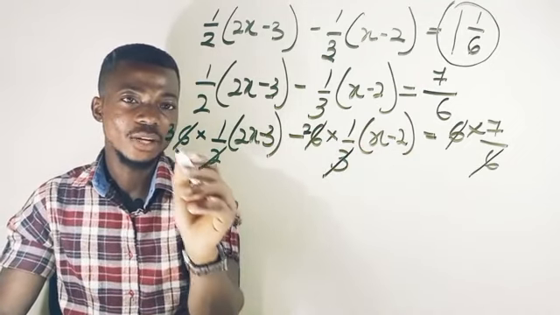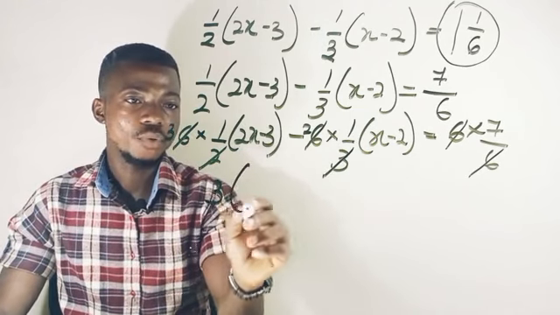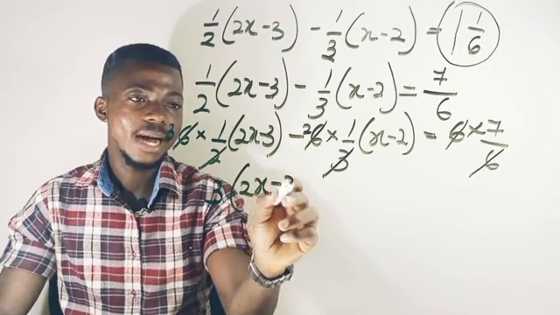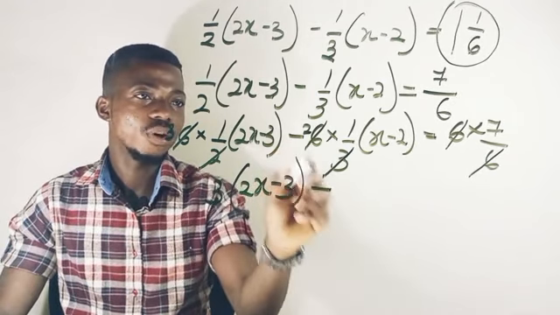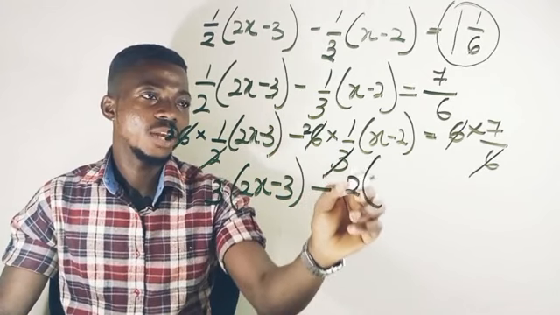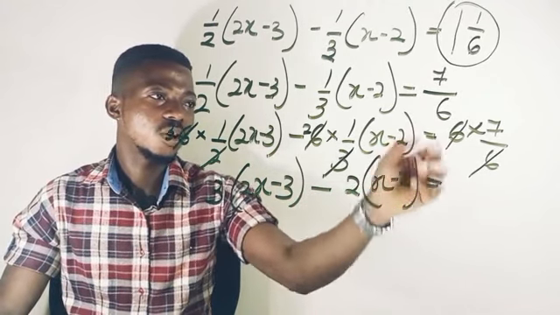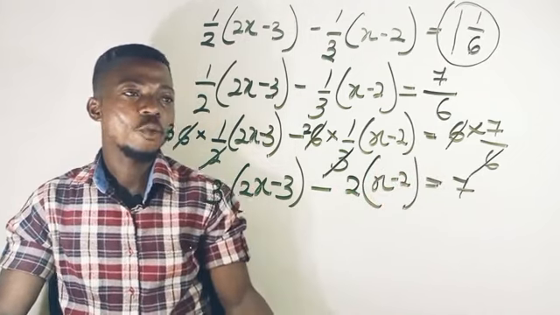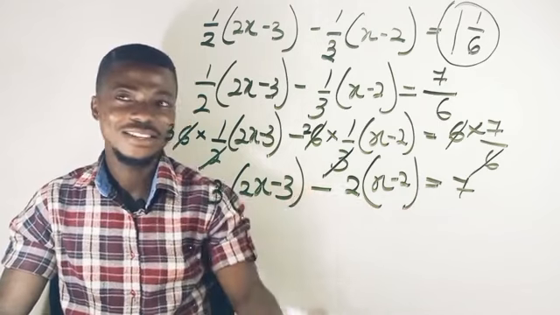We now have 3 here, so we'll put it down, then we bring the bracket (2x minus 3), minus 2, then the bracket (x minus 2), equal to... now 6 is gone, so we have 7 here. So you can see that our complex equation has been simplified.